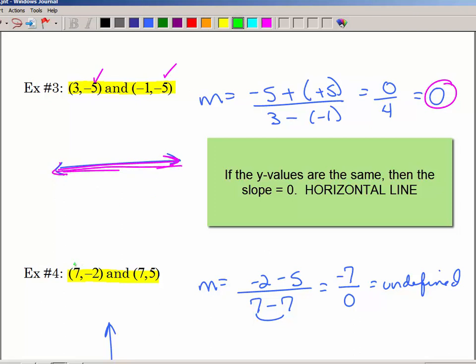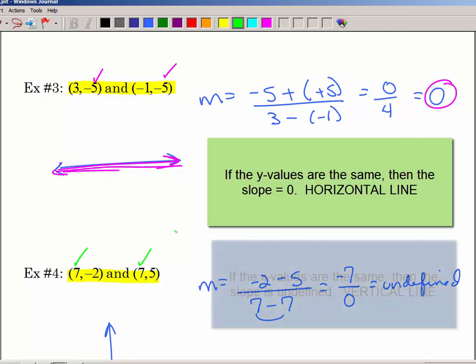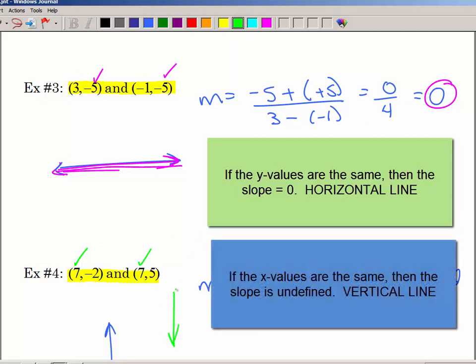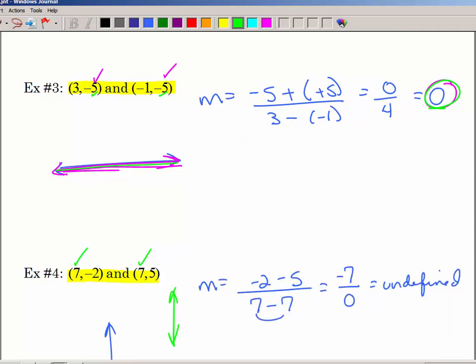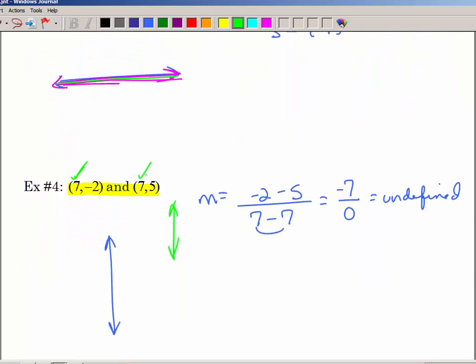But if your x values are the same, you're going to get a vertical line every time. So if you want to save some steps and you just happen to recognize, oh, the y's are the same, so I know my slope is 0 and it's a horizontal line, that would be awesome. And if the x values are the same, you go, ah, that's undefined and I know that's vertical. That is what our goal is, for you to be able to recognize things like that.